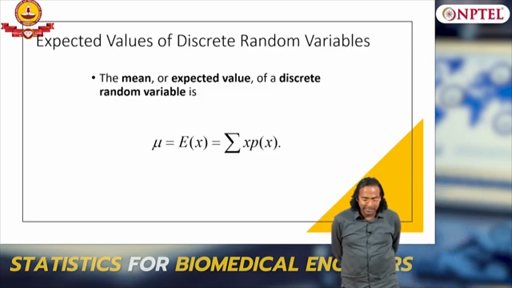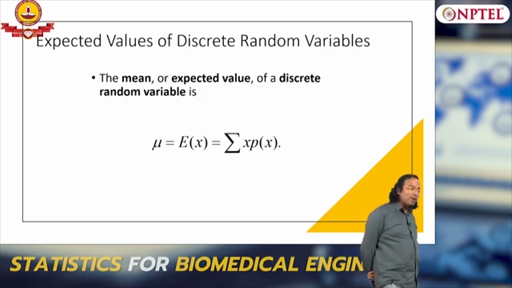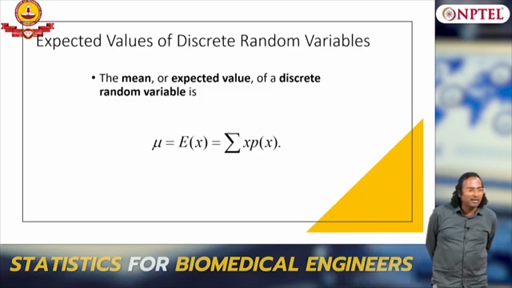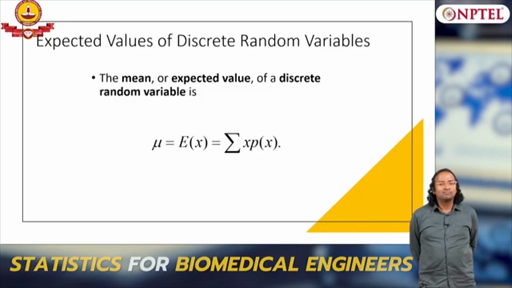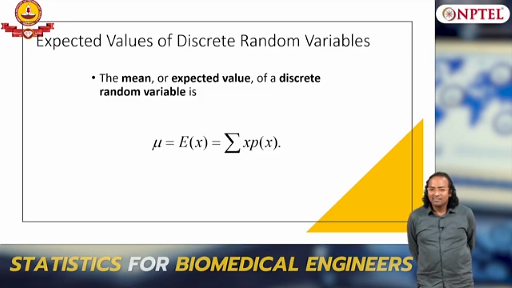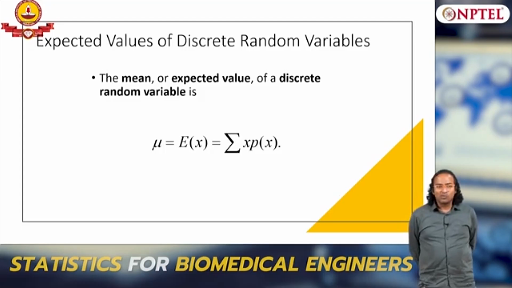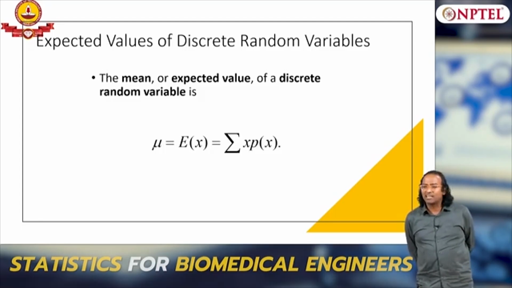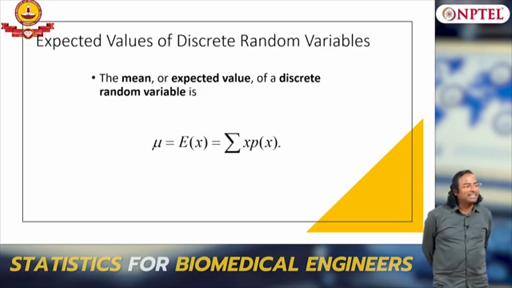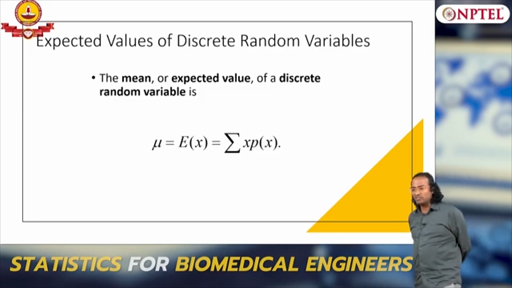Now, what about biomedical engineering? What is the dimensionality of the data? Suppose I have to characterize your gene. What are the combinations that one person versus another person can have in terms of DNA sequence?